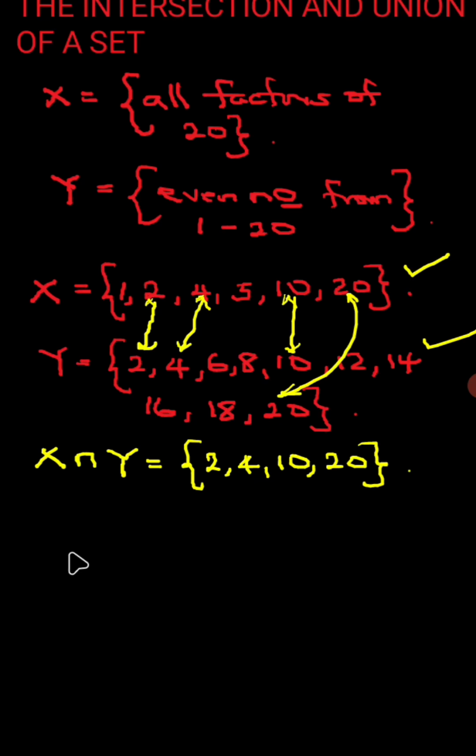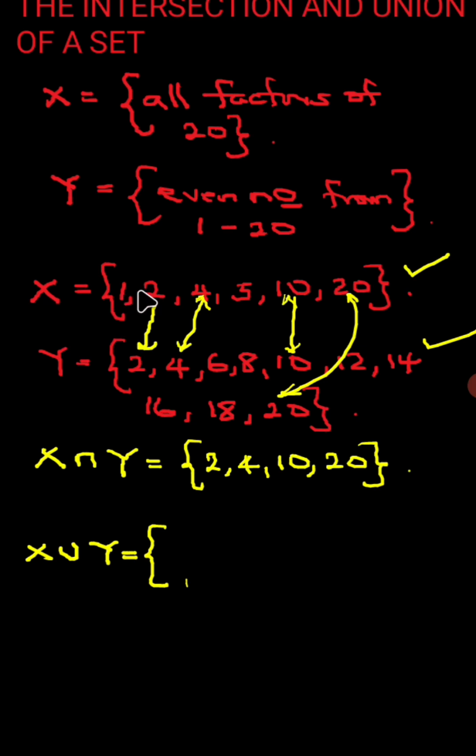So X union Y. Union is a symbol that looks like U here, but it's not U like this. It's just a curve symbol upward, and this is a curve downward. If I want to write the union of these two sets, I'm just going to arrange the numbers numerically.